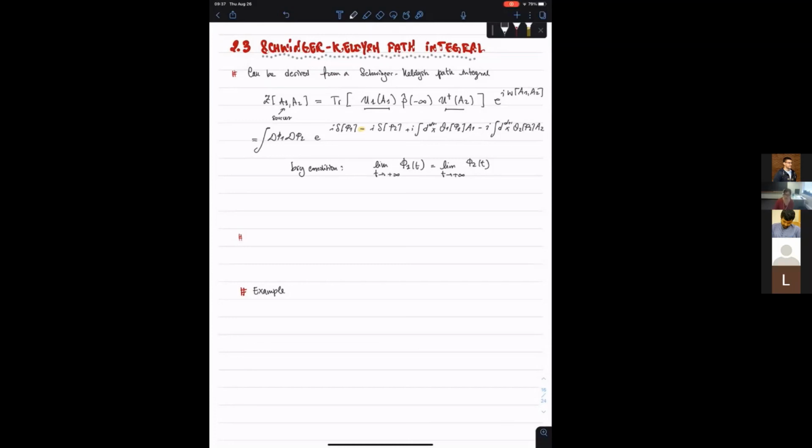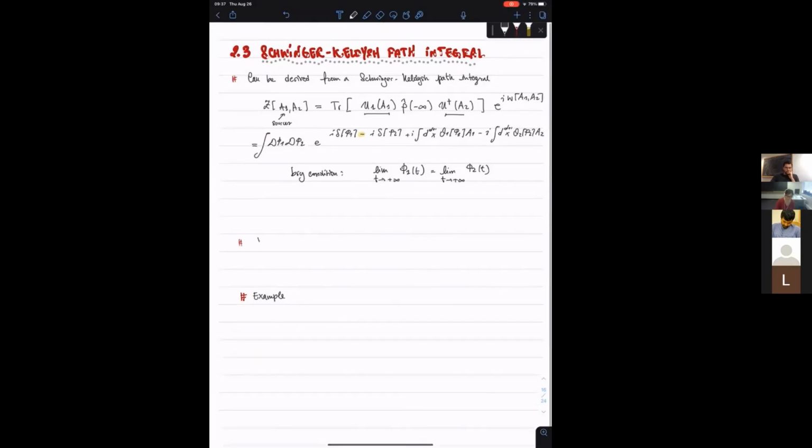Okay, so now we can define the Schwinger-Keldysh correlators by simply taking the variations of the Schwinger-Keldysh path integral with respect to the sources. So for example, you can define these correlators being 1, 1, 2, 1, etc., at times t1, t2, t3.